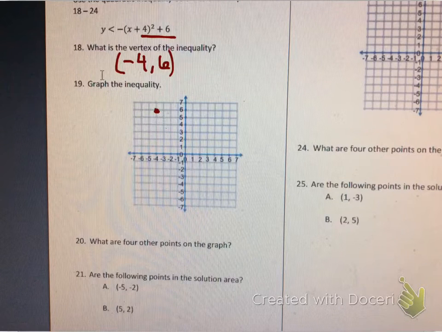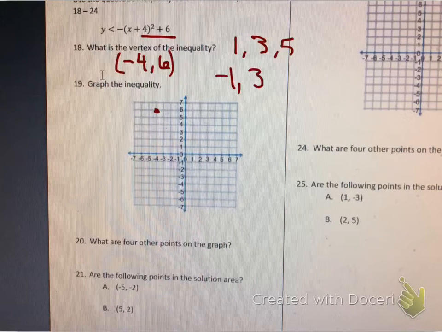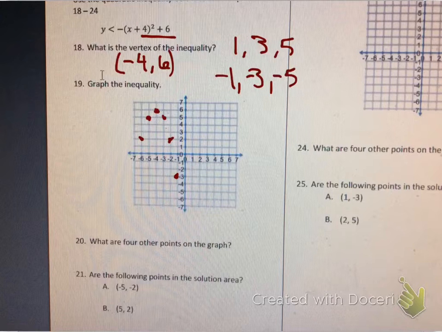Then I take the 1, 3, 5, multiply by negative, so I got negative 1, negative 3, and negative 5, and that means I'm going to go down. So I can go down 1, I can go down 3, 1, 2, 3, and over 1, and then I can go down 5, 1, 2, 3, 4, 5 over 1.